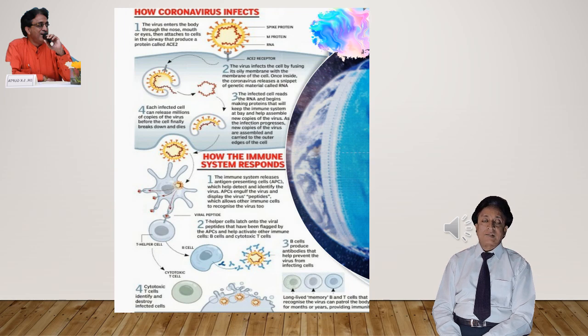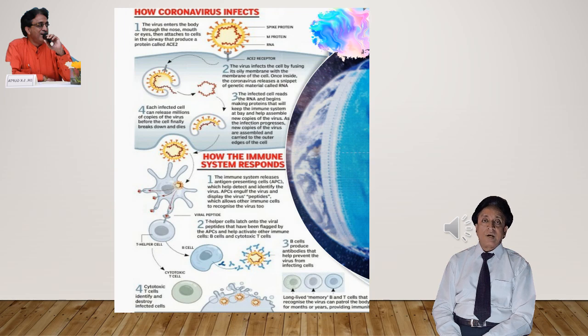The spike proteins attach to the ACE receptors found on the various cells of the lungs, intestines, kidneys, and the heart. And once the virus is inside the human cell, it releases nucleic acid material, and the ribosomes present in the cytoplasm of the human cells start forming the proteins as per the direction of the nucleic acid material of the virus. Multiple copies of the virus are formed inside the human cell, and these copies are released and start infecting the other cells.